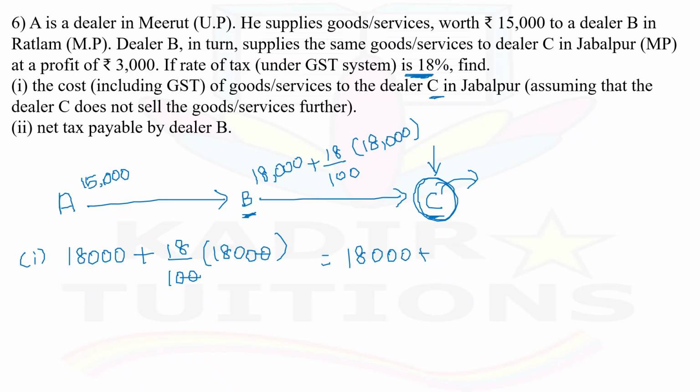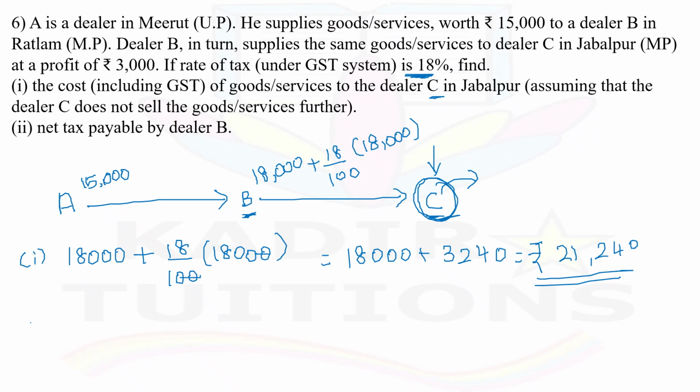It's nothing but 324, and one 0 is there, so we will add that 0 also over here. Now 18,000 plus 3,240, how much will we get? 18 plus 3 is nothing but 21, so 21,240 is the cost that has been spent by the dealer C for buying the goods or services.